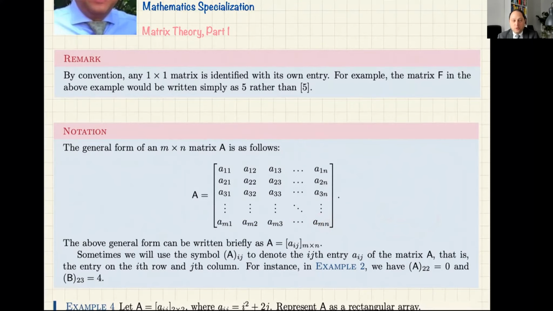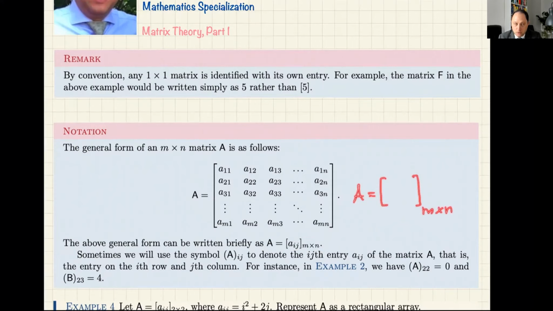Of course, if you want to prove theorems for matrices, writing and working with these big blocks is actually tedious and boring. This is why we compact all of this into a very compact notation and write that this matrix A, capital A, is a matrix. We denote the order as a subscript here.